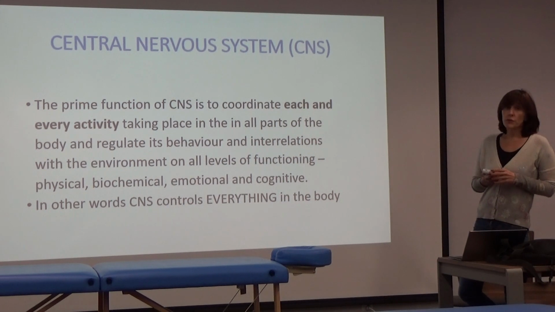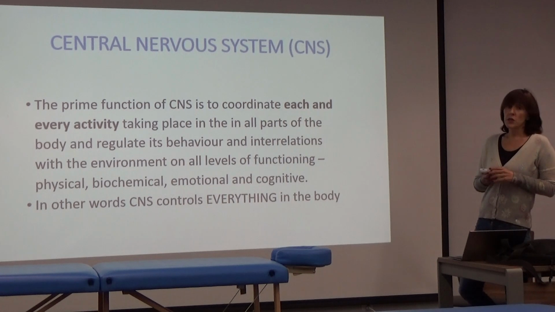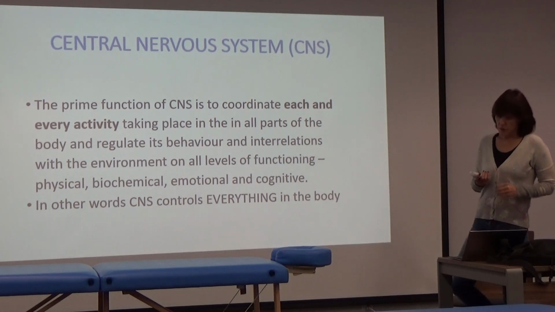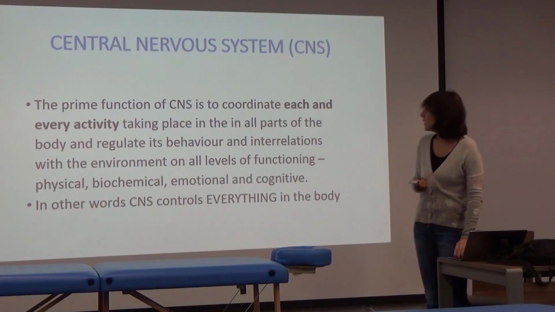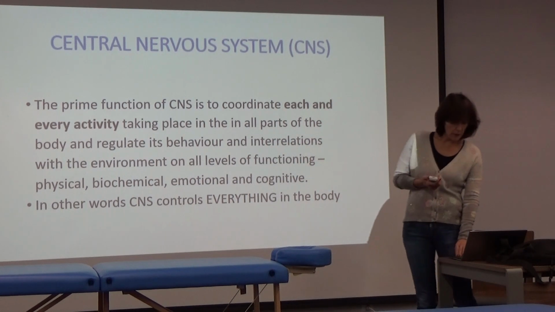And the primary function of the central nervous system is to coordinate each and every activity which takes place in all parts of our body and regulate our behavior and interrelationship with the environment on all levels of functioning. It could be physical, biochemical, emotional, cognitive. So the central nervous system controls absolutely everything in the body.